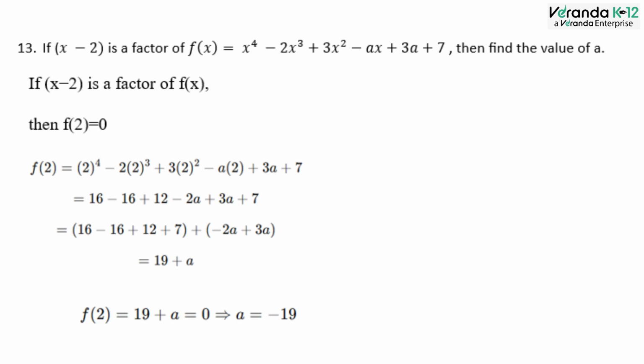Then in place of x, we can substitute 2, where the answer will be 0 since it's a zero of the polynomial. So when we substitute x = 2 in the given polynomial, we get 19 + a is equal to 0, which means a is equal to −19.